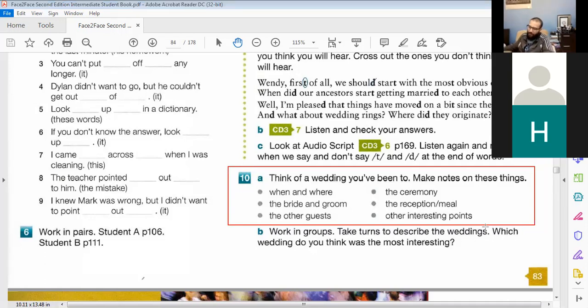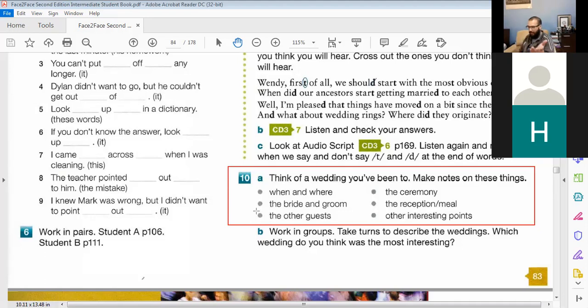So here I just want you to remember the last wedding you've been to. Or any wedding, it doesn't have to be the last one, and tell me what you remember. And talk about a few things. Just mention when and where this wedding was, the bride and the groom.